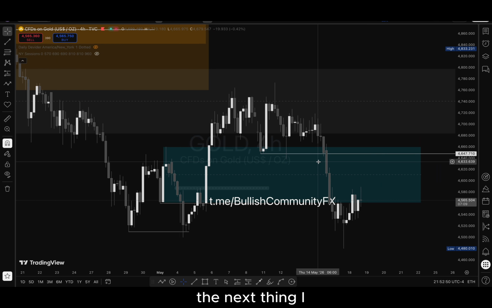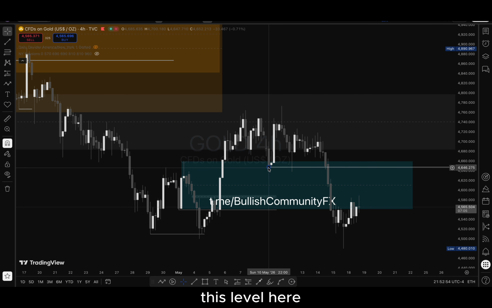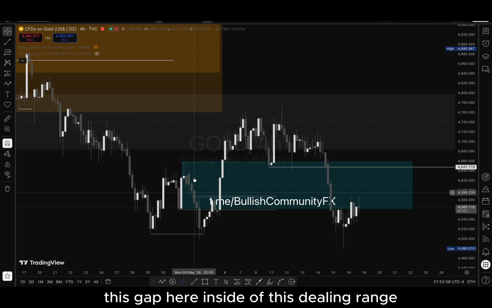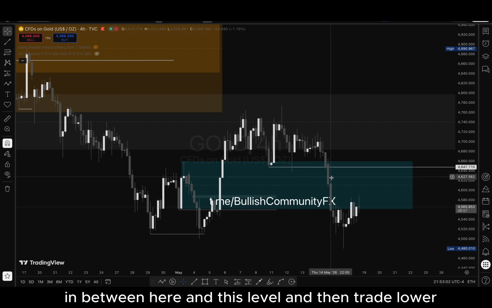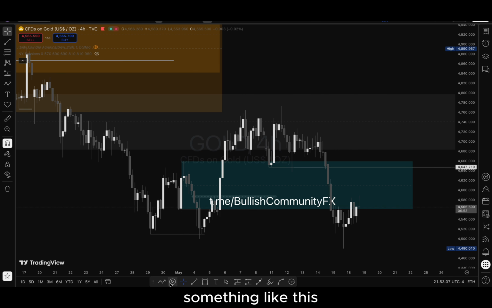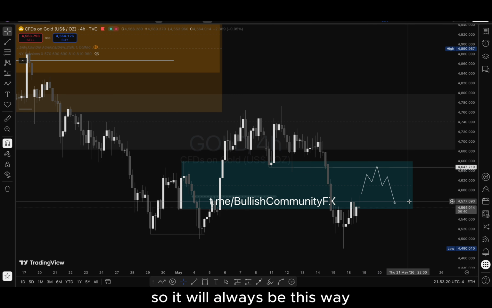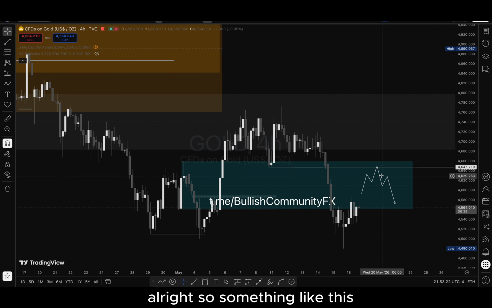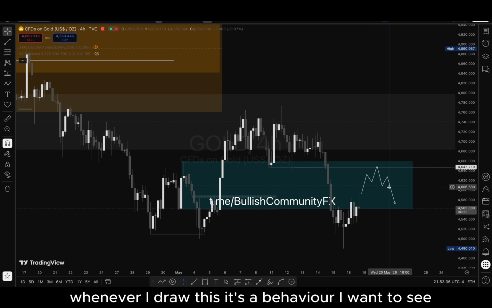The next thing I would want to see is, I already marked it off, this level here, this gap here, inside of this daily range. I want to see price return somewhere in between here and this level, and then trade lower, something like this. This is my flagship pattern, so it will always be this way. It mustn't be exactly like this, but whenever I draw this, it's a behavior I want to see.